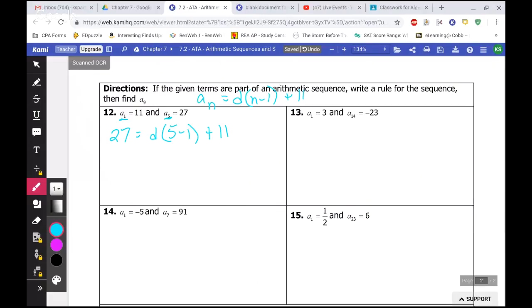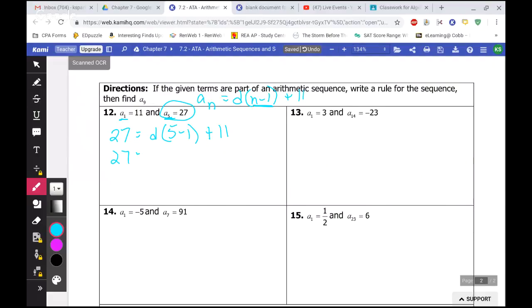So we plugged in a sub n, or the value of a sub n, which is 27. And we don't know what the common difference is, but we know that it's the 5th term. So this is where that n minus 1 is, right here. N minus 1 plus 11.